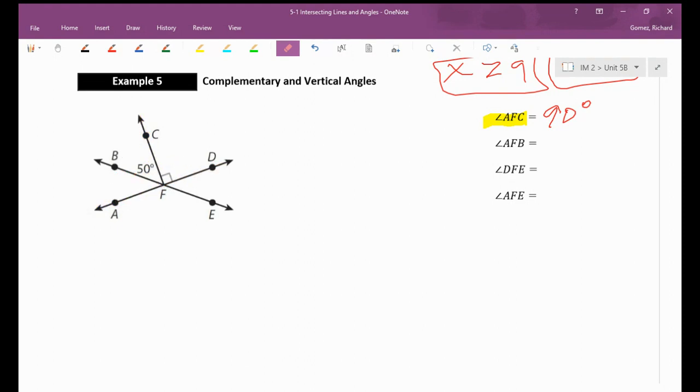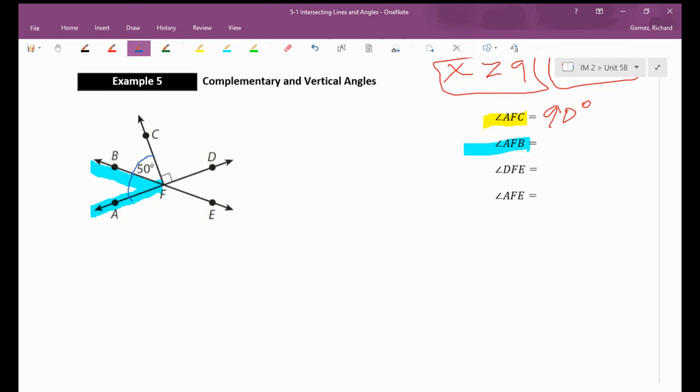Let's try to tackle the next one in blue. Angle AFB. That would be that angle right there. Alright, so there it is. Those would be complementary angles here. Let's go with blue. This angle here is 50 degrees. And this angle here is angle AFB, the one we want.